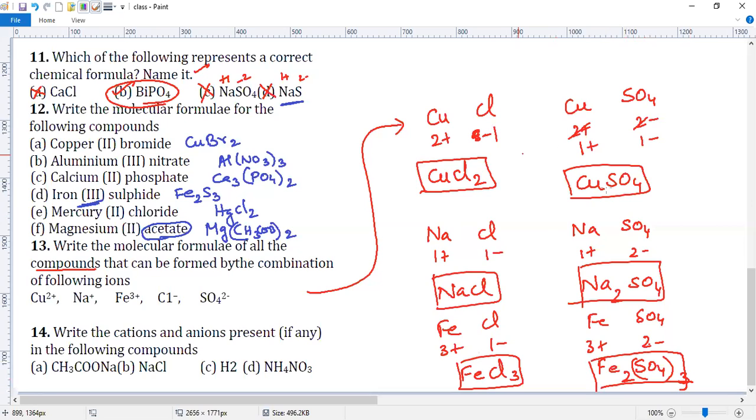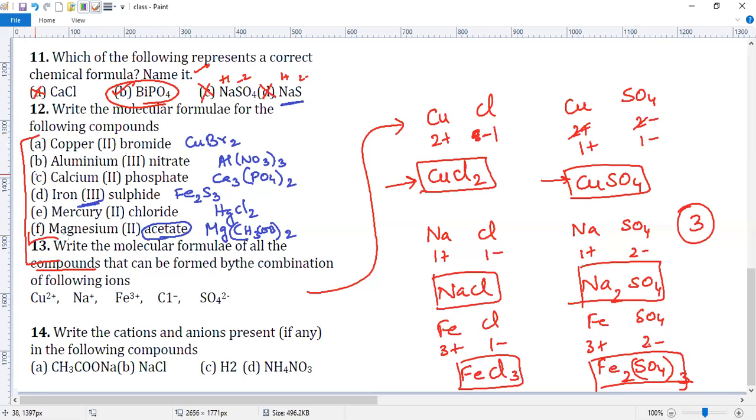If you have written all the 6 possible compounds, whether or not you have given their valencies and crossing part, that doesn't count. Just the formulas alone, if you have mentioned also, half a mark for each of these formulas, and you get 3 marks for this question. The previous question, same way, forming the compounds, it is like 6 subdivisions you have got. So you get totally half for each subdivision.